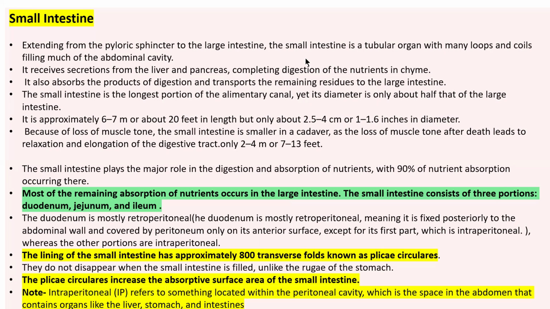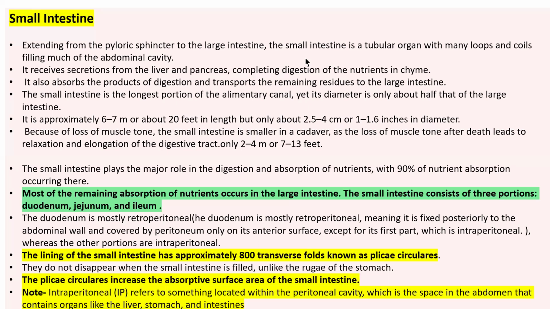The lining of the small intestine has approximately 800 transverse folds, called plicae circulares. Important point, my dear students. They do not disappear when the small intestine is filled, unlike the rugae of the stomach.